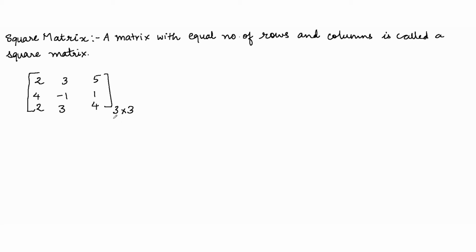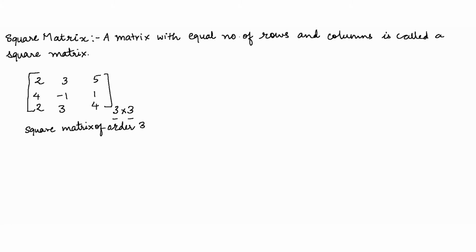Now because we know that the number of rows is always equal to the number of columns, we just say that this is a square matrix of order 3, right? We don't mention the 3 by 3 because it's a square matrix. It is presumed that the number of rows have to be equal to the number of columns.